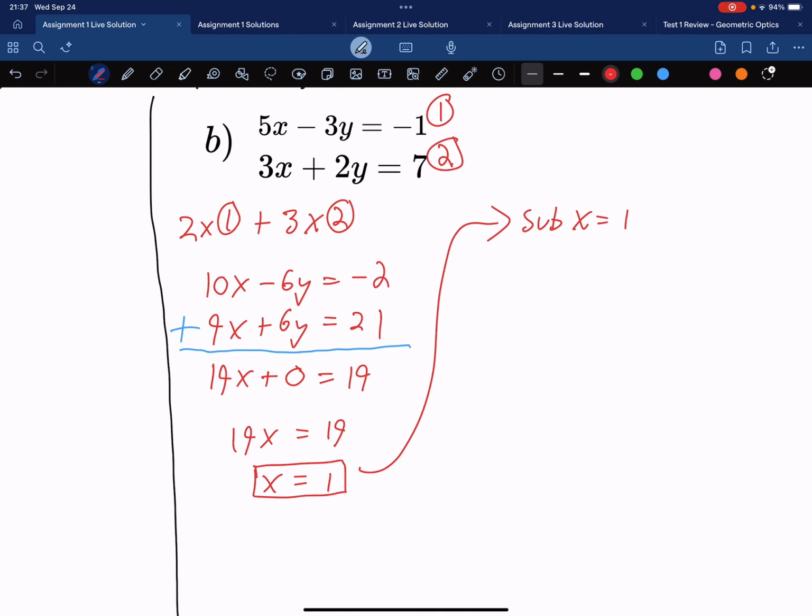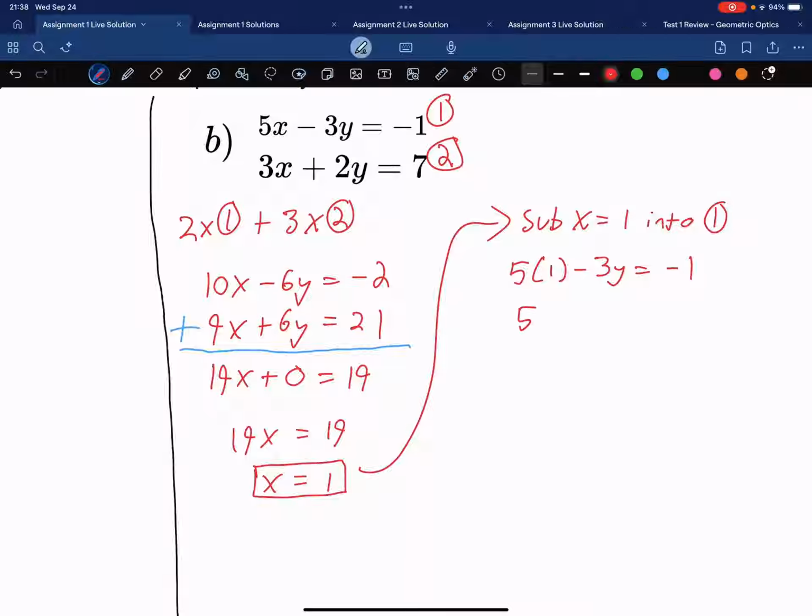Sure, let's plug that into equation 1. Into equation 1. When I'm subbing back into the original equations, I'm not choosing them for any particular reason. I'm just choosing them because one of them looks like it's easier than the other sometimes. So, in this case, I have 5 times 1 minus 3y equals negative 1.